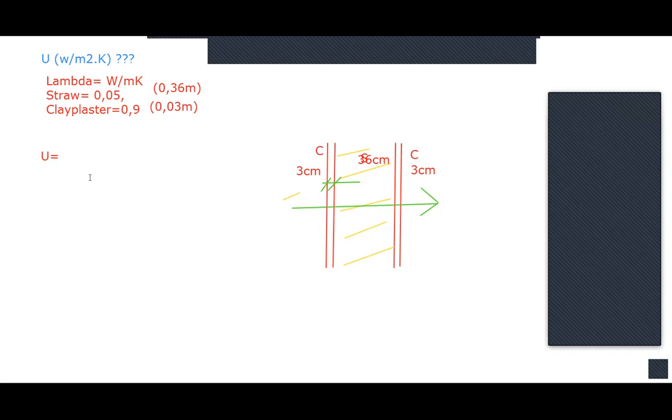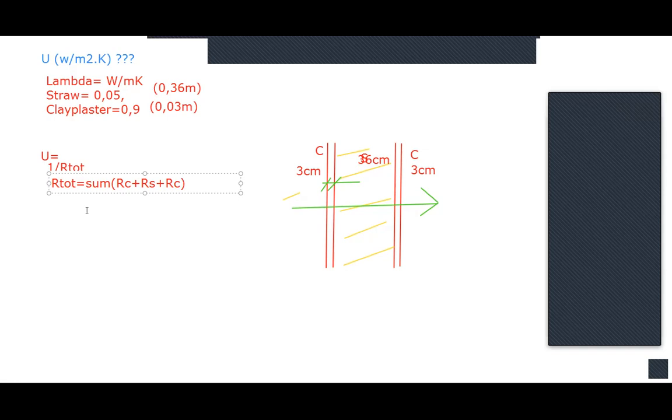So this is a hint. In the formula, it's 1 divided by R total. Now you will know already, R total is the sum of individual resistances. This is our wall. So we have clay plaster, straw, and clay plaster again. So R clay plus R straw plus R clay again.